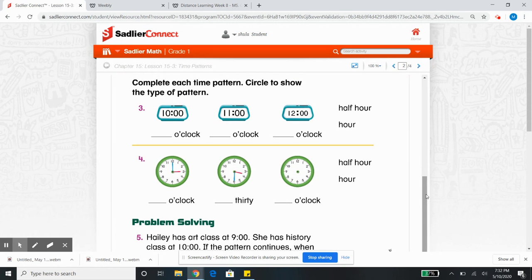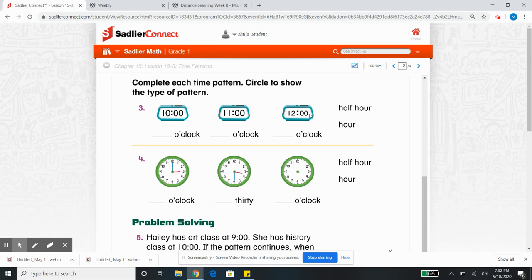Same thing here. Complete each time pattern, circle to show the type of pattern. So for number 3, I have 10 o'clock, 11 o'clock, 12 o'clock. Do you think I'm going by half hour or a full hour? Again, if it helps, please draw it out on a clock.